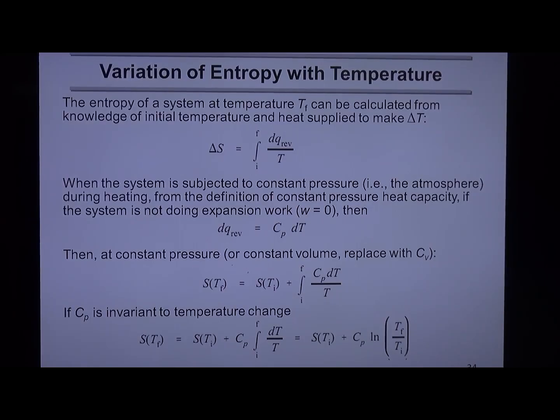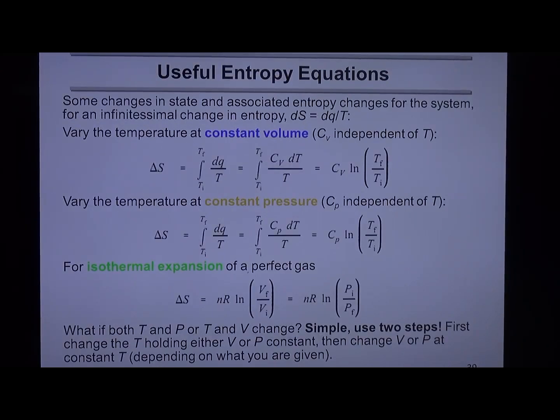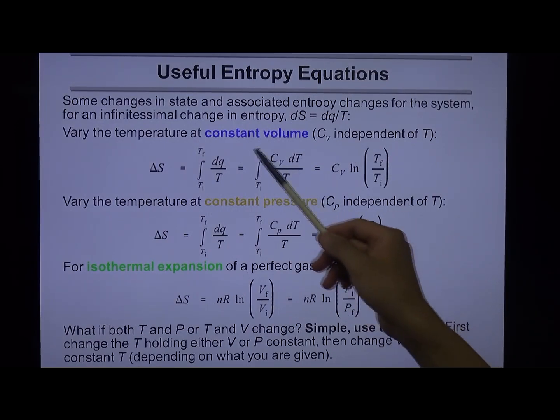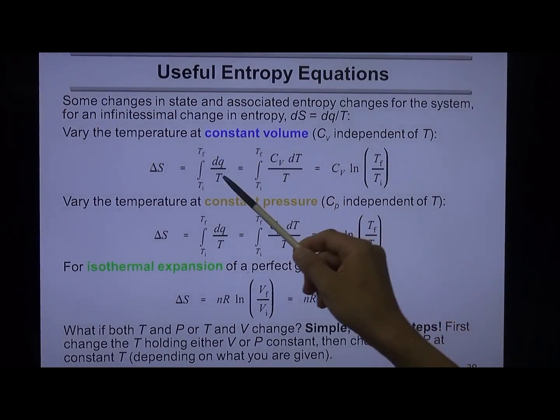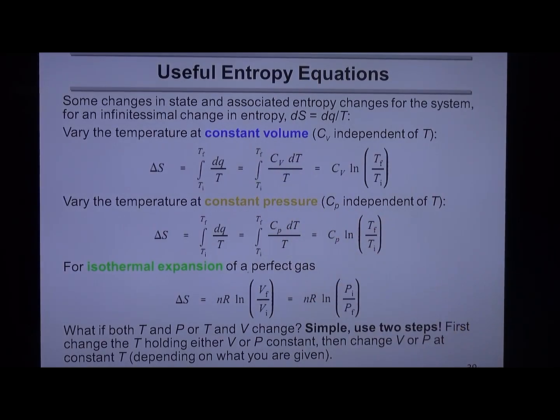Very simple, right? If heat capacity is constant over the temperature range, we can simply use this expression to calculate entropy change as a function of temperature. Similarly, if the process is at constant volume, then we can simply replace this dq reversible with Cv dT.